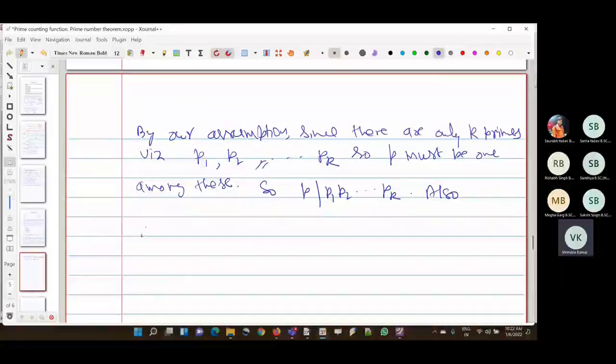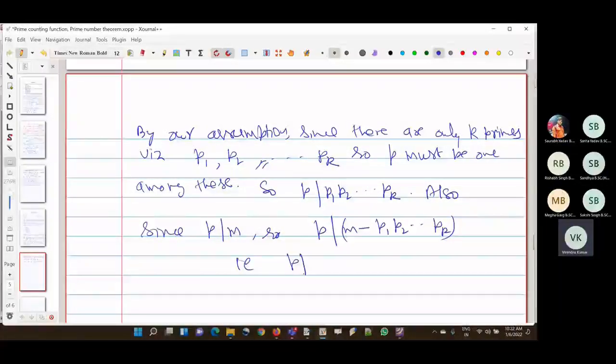Also, since p divides M, p must also divide the difference of these two, p1, p2 up to pk and M. So p should divide M minus p1, p2 up to pk. And that is, p should divide 1, which is a contradiction because p is prime.